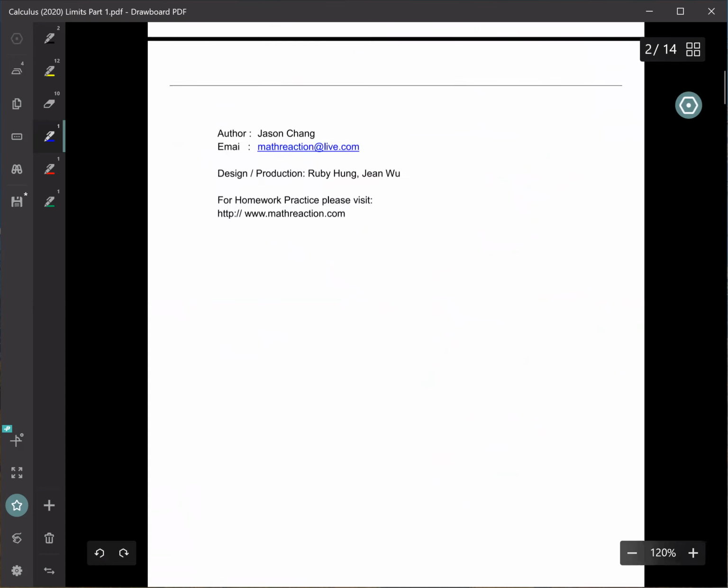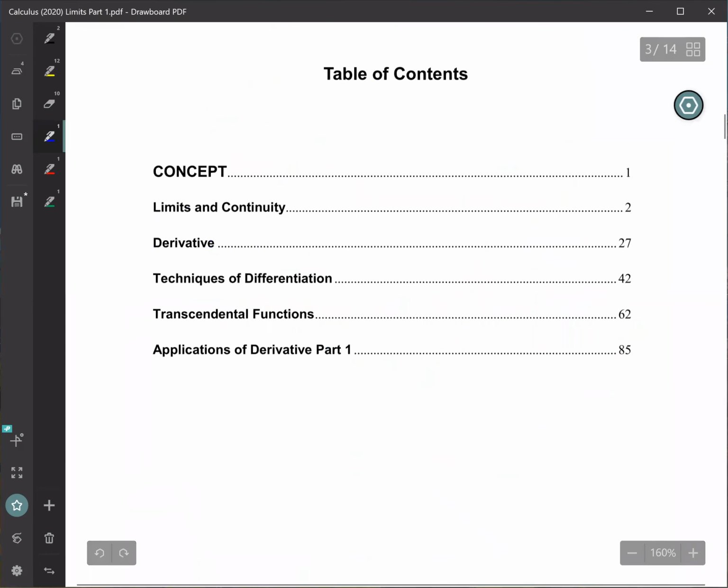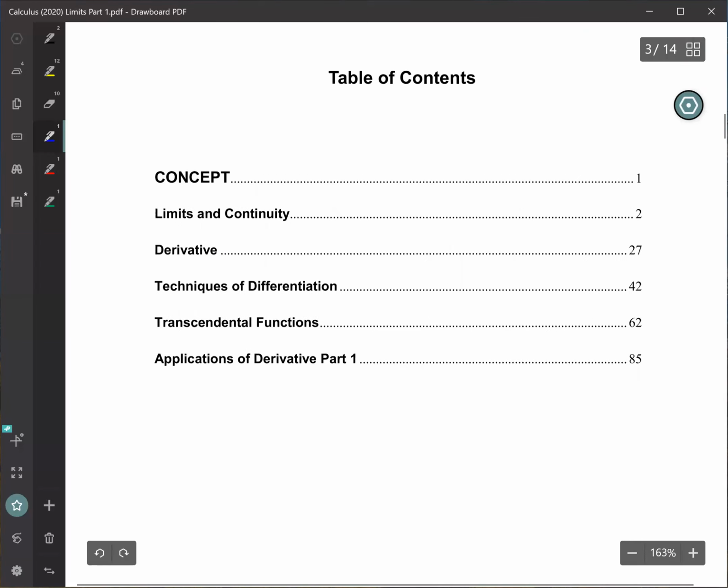Let's go to the table of contents. The first part is talking about limits, which you already got the file for, and that file is only part one. Today we hope to finish part one, but if not, it's okay. The second part, after you get the book, will be derivatives. After that we have techniques of differentiation and then transcendental functions.